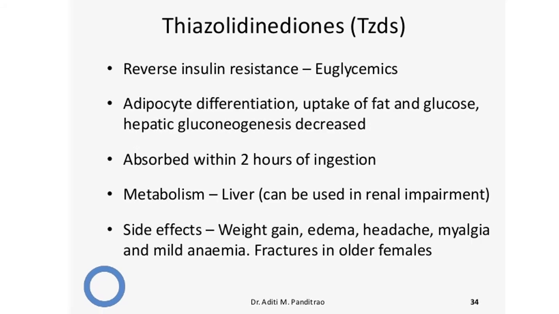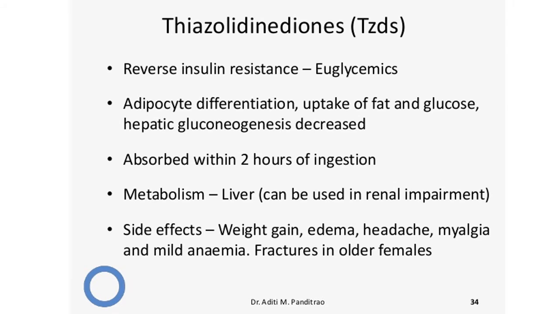I have already told you they reverse the insulin resistance, and they also are euglycemics. First class of drug that was euglycemic, that were biguanides, metformin, and the second class is thiazolidinediones. They are also euglycemic. They are absorbed within 2 hours of ingestion.